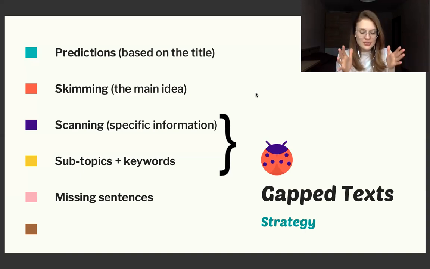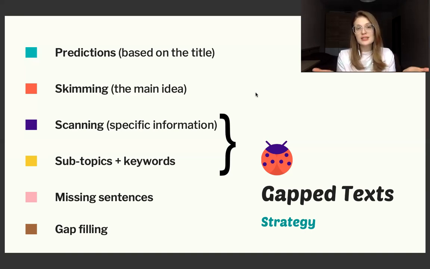First, concentrate fully on the text. And then after you have worked with the text, after you have undergone all these steps, you can look at the sentences that you need to fill in the text. And after that, you fill in the gaps, you do this gap filling procedure.